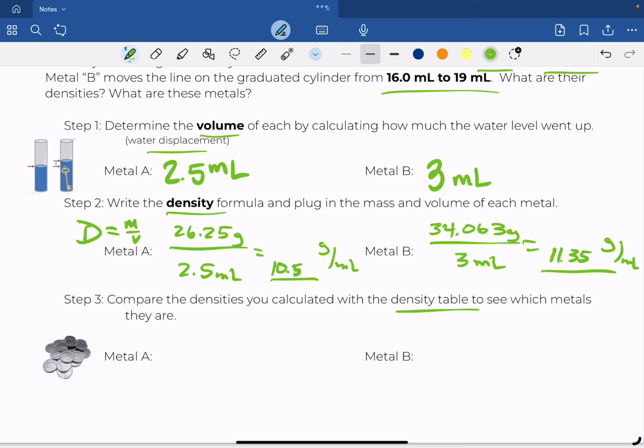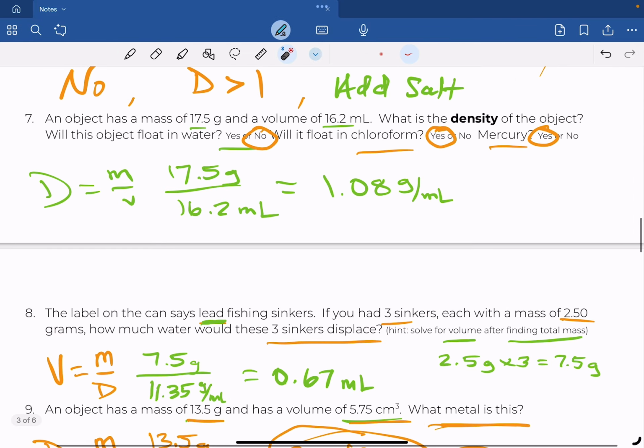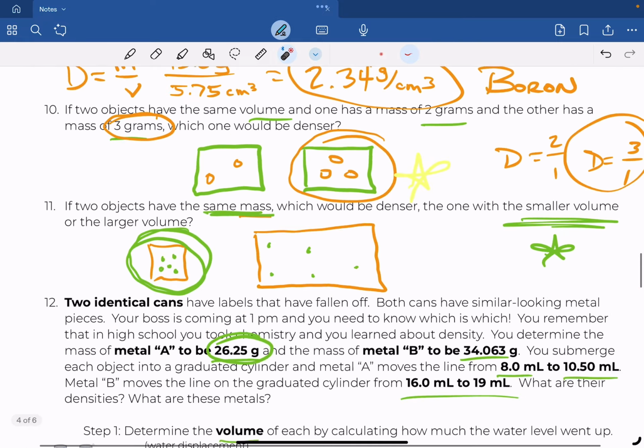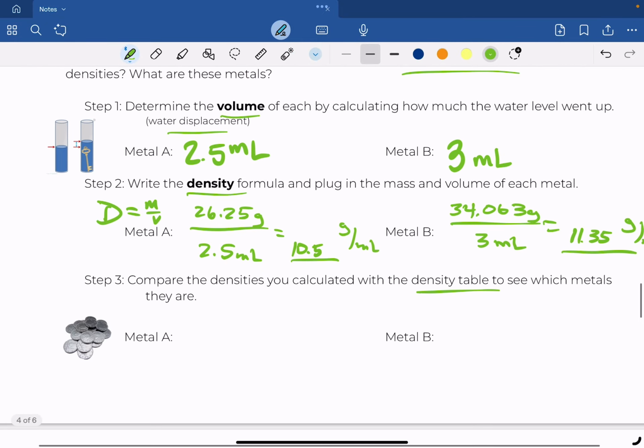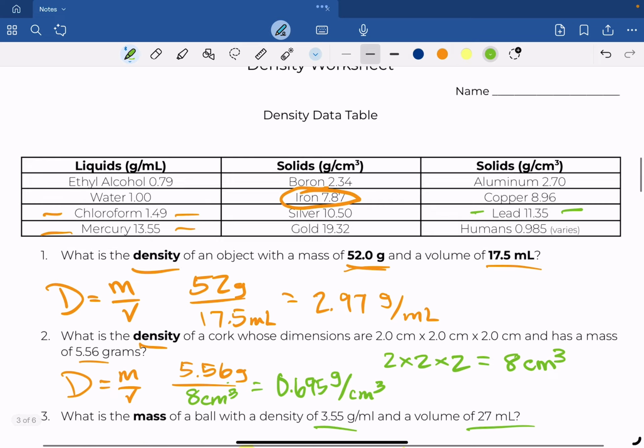First one, we're looking for 10.5. 10.5, where you at? There it is. Silver is 10.5. Then the other one, we're looking for 11.35. 11.35 is lead.